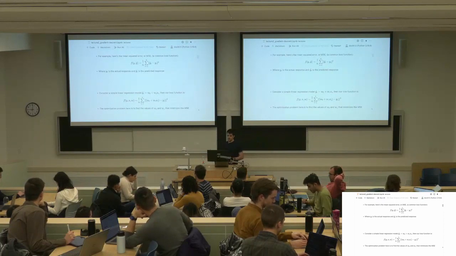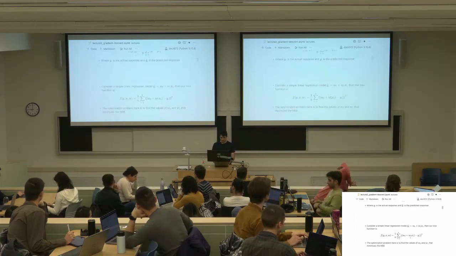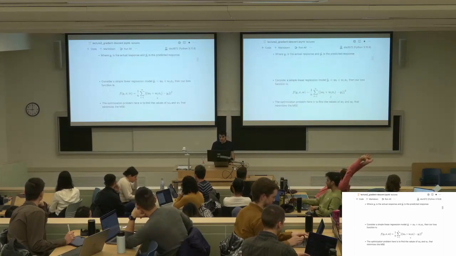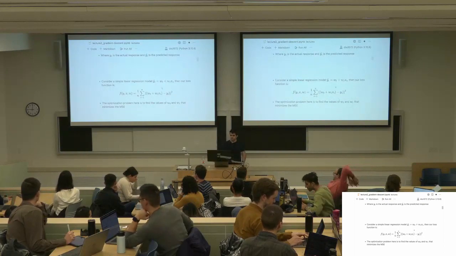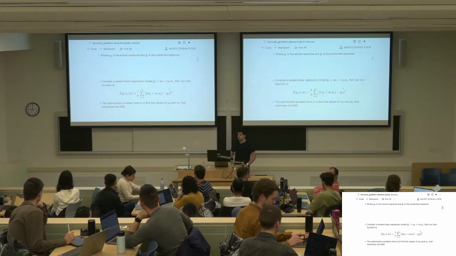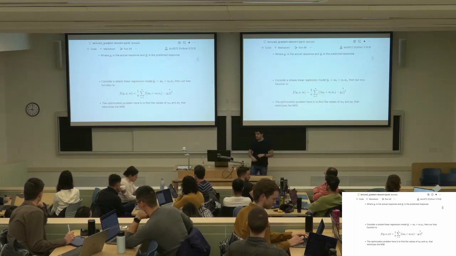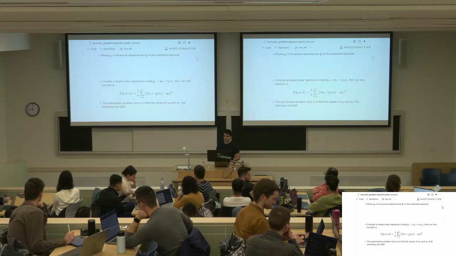Okay, so if we have a linear model, these are the parameters that we have. I don't know if it's too small or that's okay. Okay, so we have these three parameters, W0, W1, Yi, Xi, those are the data points. Okay, and we plug it into our loss function. So these are the predicted values, and this is the Y value from the data points that we have.